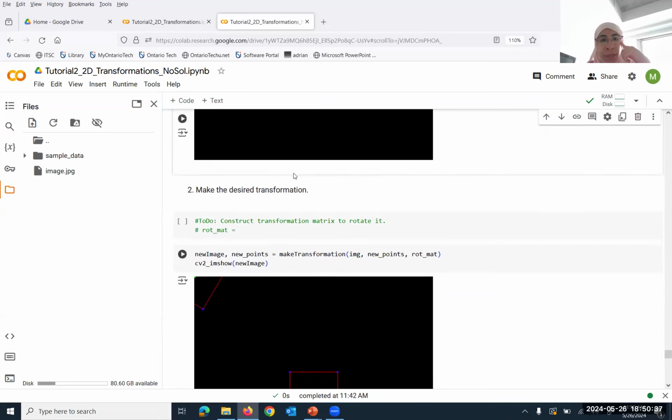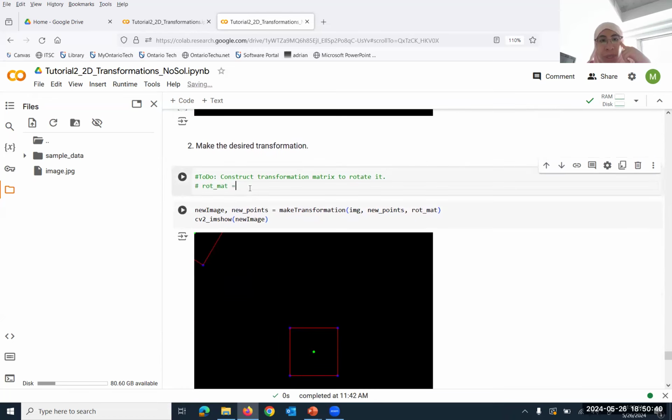And then we have the rotation. Anyone remember the rotation matrix? Okay, let me tell you. It's cosine 30, negative sine 30, and then sine 30, cosine 30, and then 0, 0, 1.